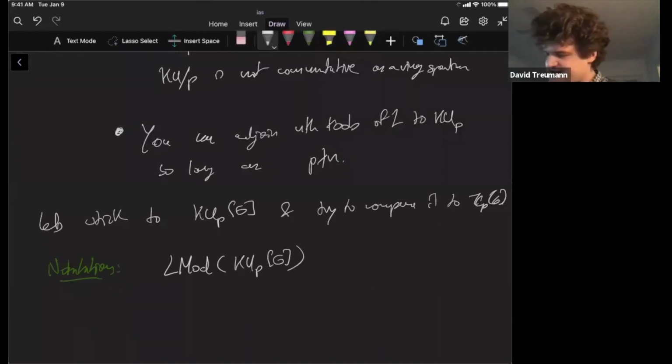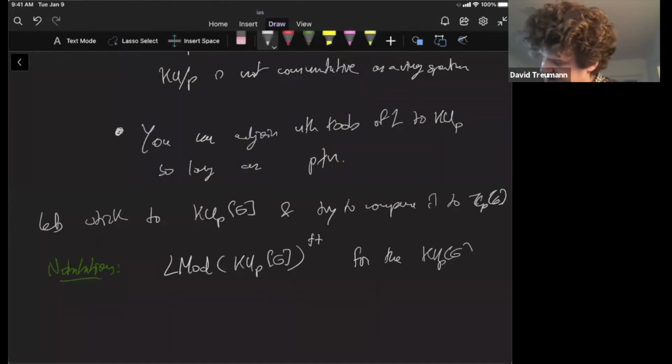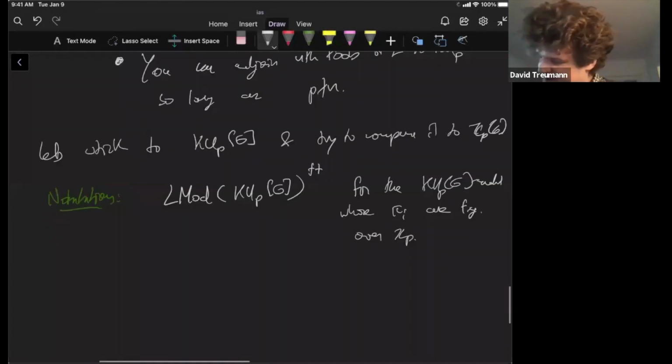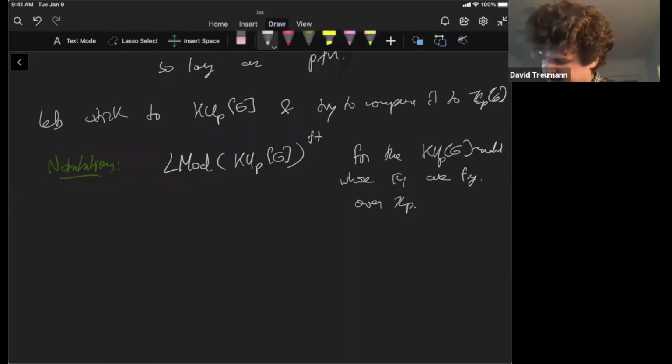Left modules over this group algebra, I'll put a little superscript FT, finite type, for the KUPG modules whose homotopy groups are finitely generated over ZP. Try to compare this to the usual bounded derived category.